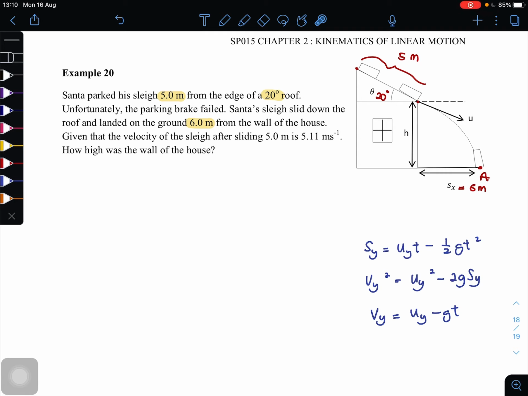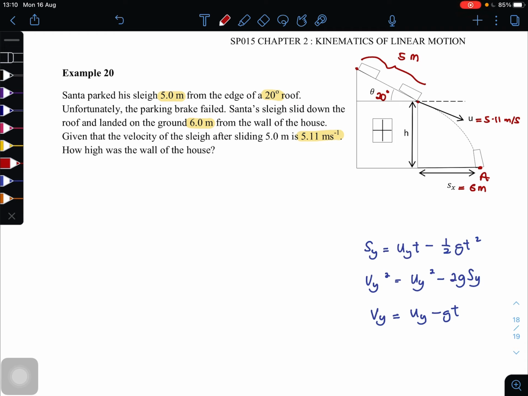And then what else do we have? Okay, we are given the velocity here, 5.11 meters per second. Okay, so the velocity is after sliding 5 meters, from the point here, the velocity is 5.11 meters per second.